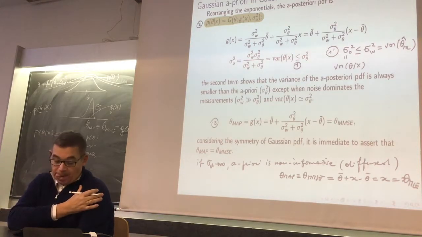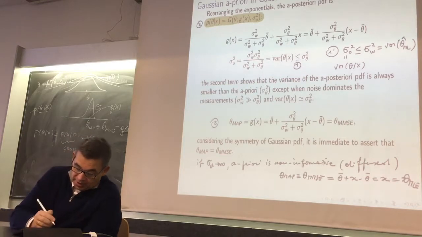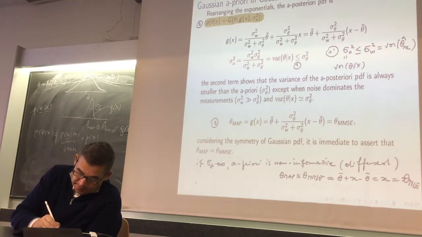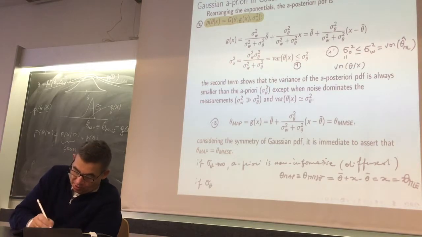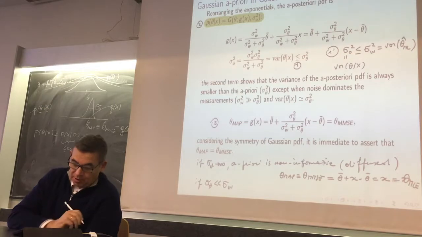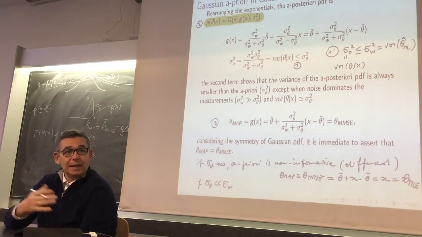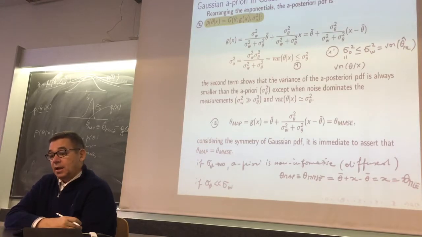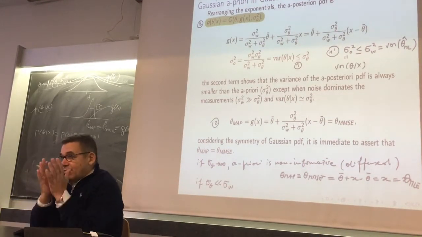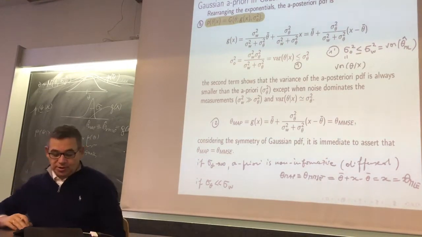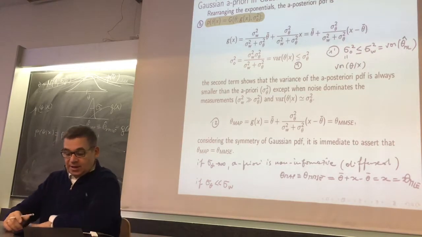Now, on the other hand, if sigma theta becomes much smaller than sigma w, in other words sigma theta is narrower than the dispersion of the noise, what's happening in this case?